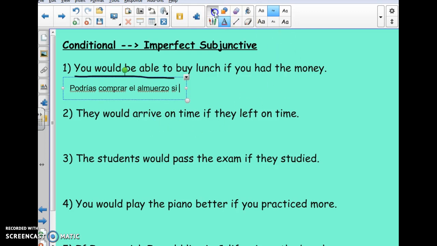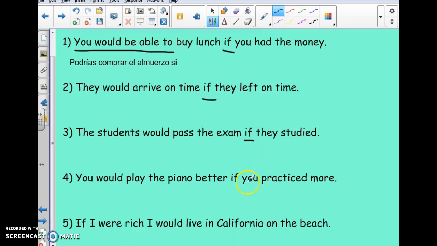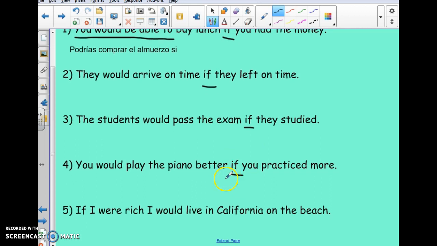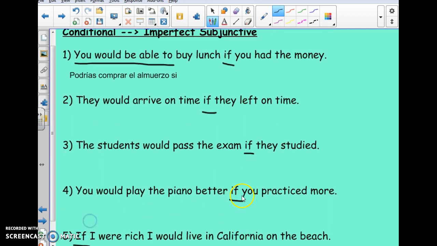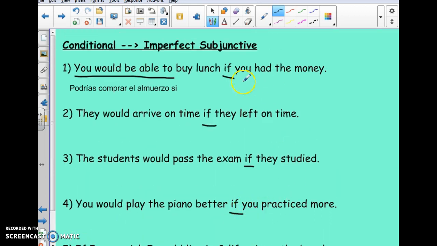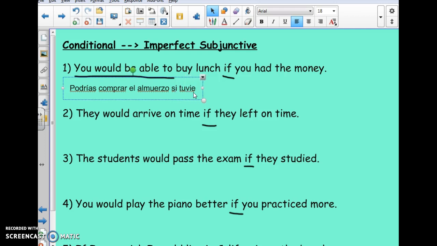So notice these conditional sentences most of the time are going to have the word if in there. Those are what's called si clauses. The word si is if in Spanish. So whatever verb comes right after the if needs to be in the imperfect subjunctive. So if you had the money, that would be tuvieras el dinero.